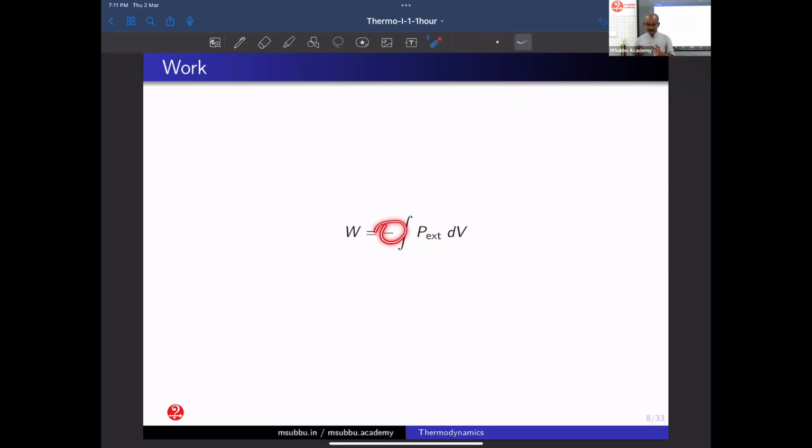Of course, the sign. What sign do we have? Minus. So for the case of compression, what happens? dV will be negative. What is the meaning of compression? We are doing work on the system, that's why the system is getting compressed.